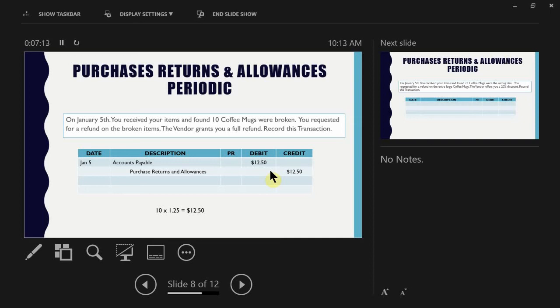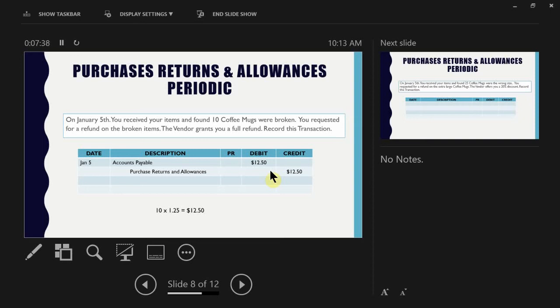They also might even cover the cost for you as well. So depending on how your vendor is, in this case, the freight is not included. So we're going to take it for the price value it was for, which was $1.25, and we're returning 10 mugs, giving us a total cost of $12.50.